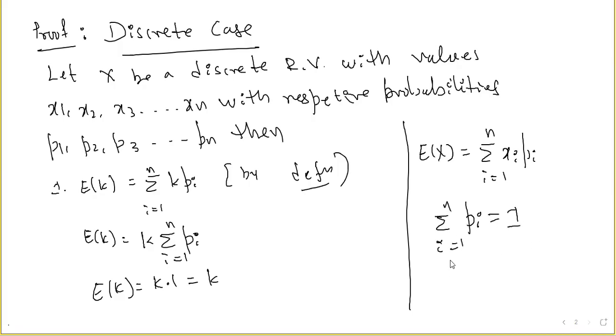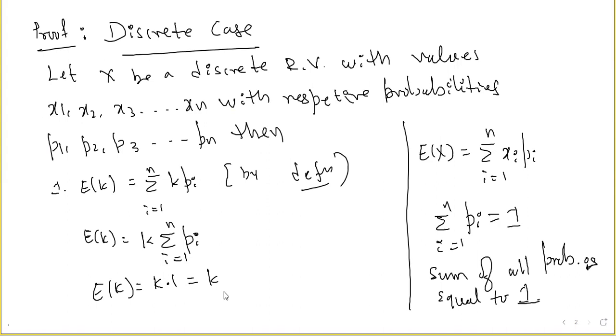Because we know that sum of all probabilities is equal to 1, right? So k into 1, that is k.